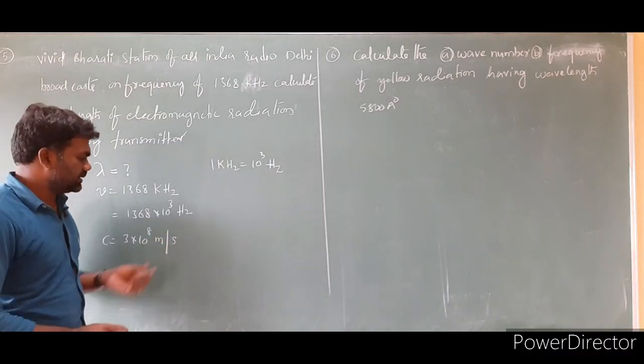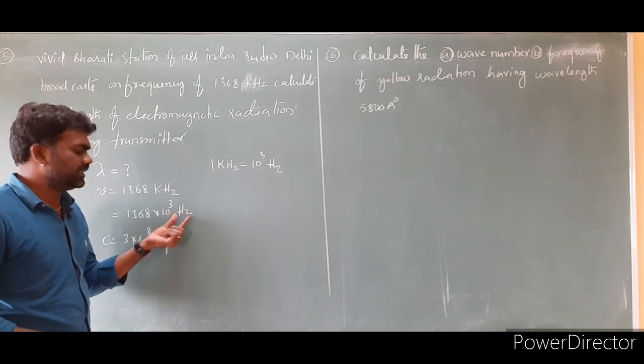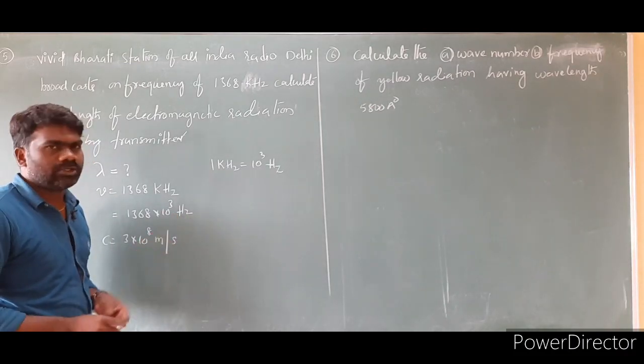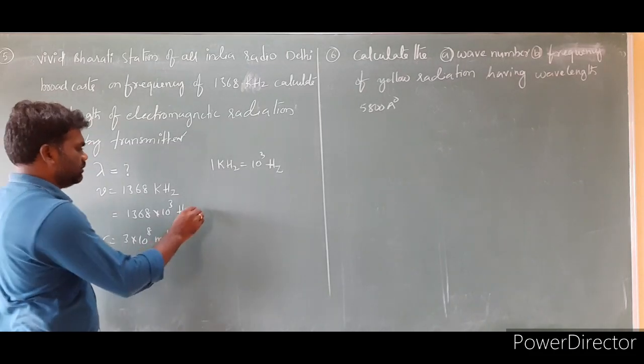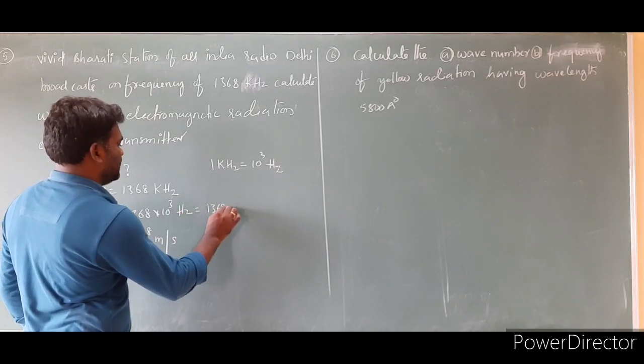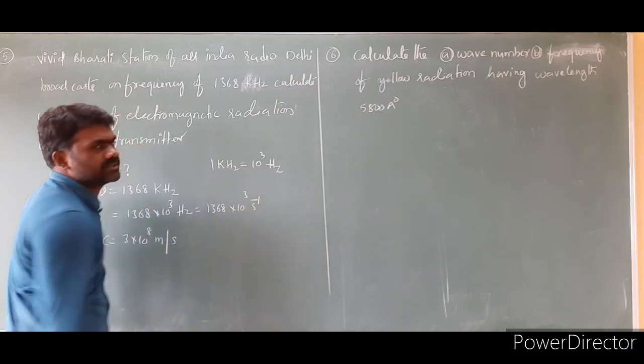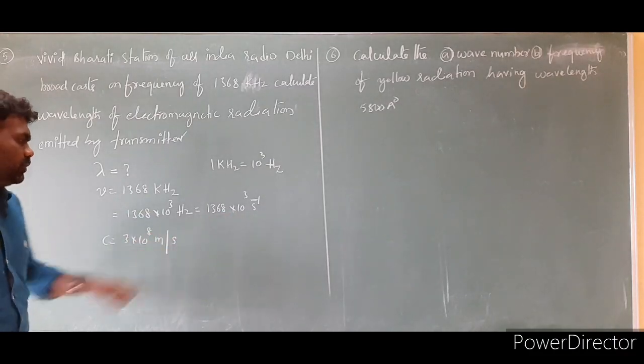The problem here is that the speed has second inverse in its unit while this is in hertz. So 1 hertz is equal to 1 second inverse, and you can modify it. That is equal to 1368 into 10 power 3 second inverse. So based on the units we have to modify.